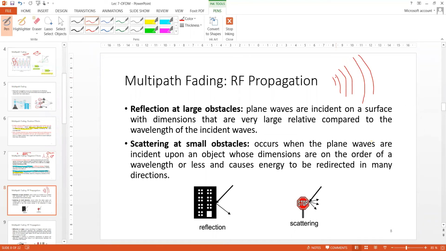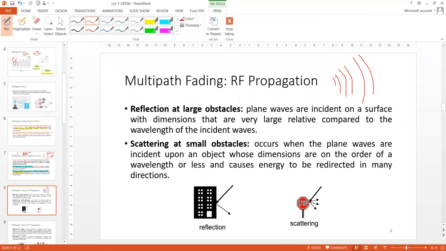Different types of obstructions affect your signal differently and can result in different phenomena that are commonly referred to as reflection, scattering, diffraction, and so on.